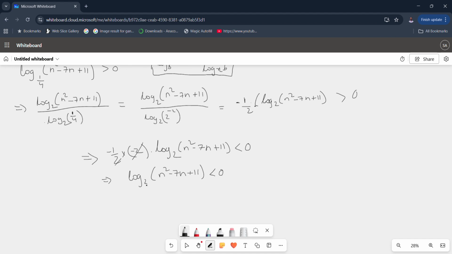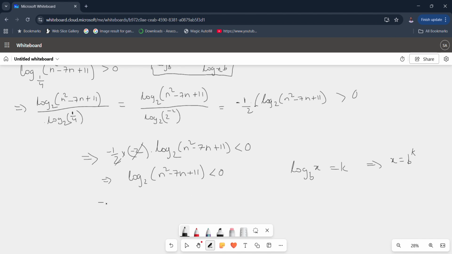We have the base 2 here, so we use this formula: log x to the base b equal to k implies x equals b power k.